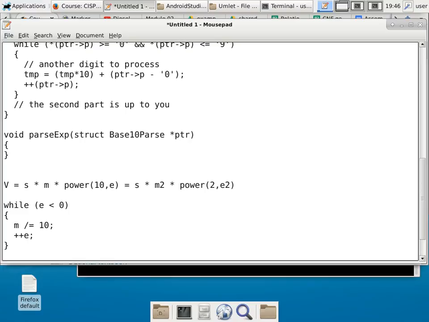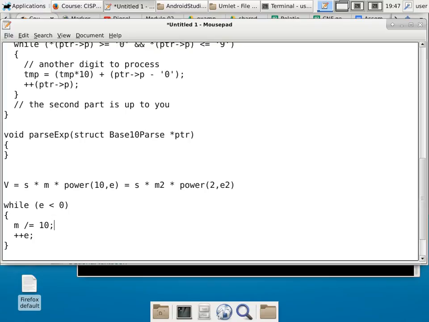Can I then change this to m divided by 10 times 10 to the power of e plus 1. Can I increment e? That's it. So that's the general idea, okay? We're trying to get e to become 0. So when e is negative to begin with, we want to keep dividing m by 10 and keep adding 1 to e until e becomes 0.